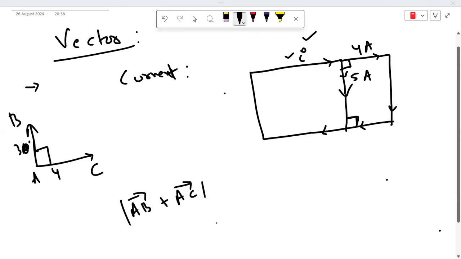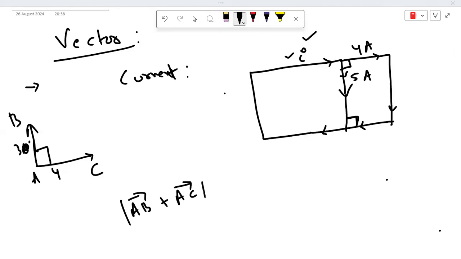Current electricity, yes. Magnetism, no, magnetism is not completed.